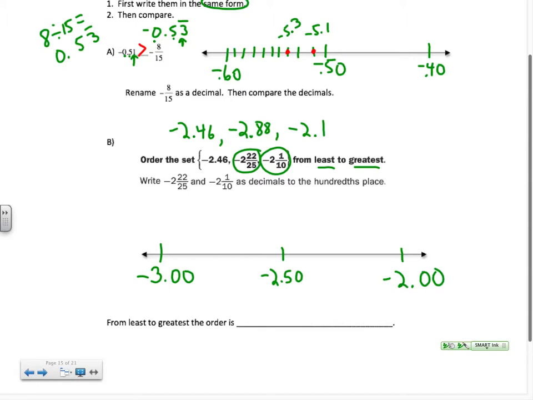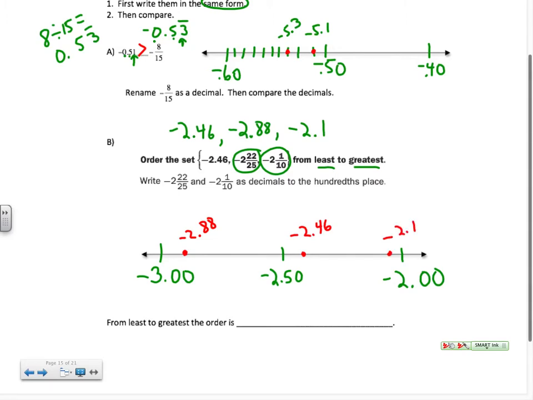So that's all I'm going to graph for now, just like I said, to get a sense of where these numbers fall. So I'm going to graph negative 2.46. That's going to be closer to negative 2.5. I'm going to graph negative 2.88. That's going to be closer to negative 3. And then I'm going to graph negative 2.1, which is going to be closer to negative 2.